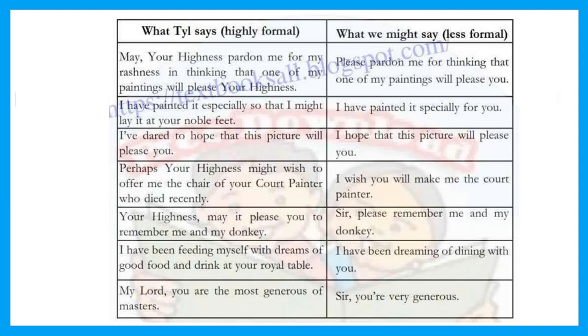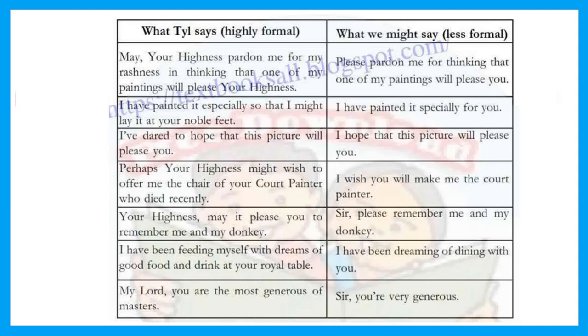Perhaps your highness might wish to offer me the chair of your court painter who died recently. Less formal: I wish you will make me the court painter. Your highness, may it please you to remember me and my donkey. Less formal: Sir, please remember me and my donkey.